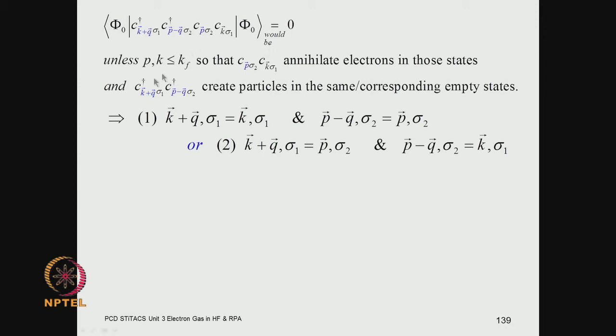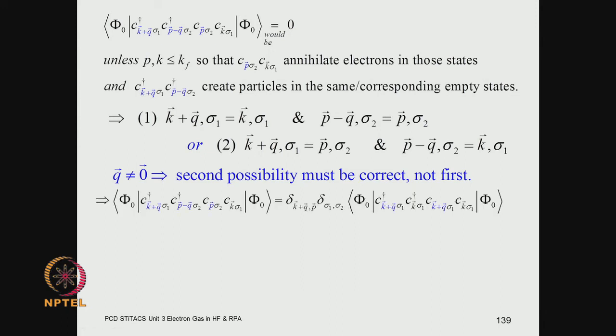So, there are two possibilities. One is that k+q, σ1 is equal to k, σ1. The second is that k+q, σ1 is equal to p, σ2. Now, the first possibility is ruled out because q equal to 0 terms are not what we are looking for. So, q not equal to 0 means that the second possibility must be correct and not the first.